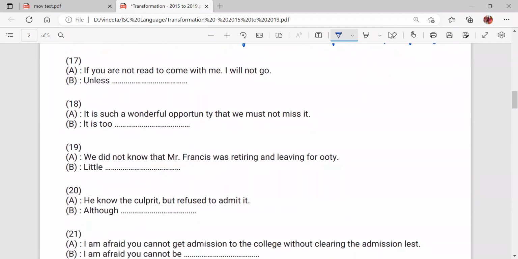Look at the next. If you are not ready to come with me, I will not go. Unless you are ready to come with me, I will not go.